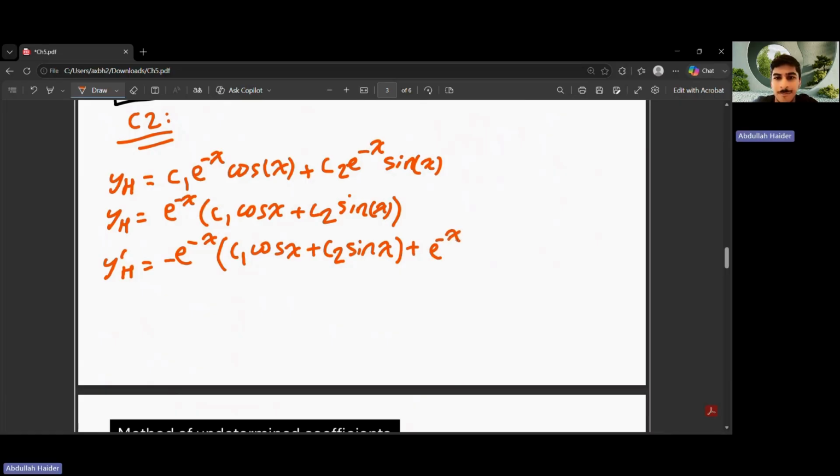What is v prime? C1 negative sine x plus C2 cosine x.